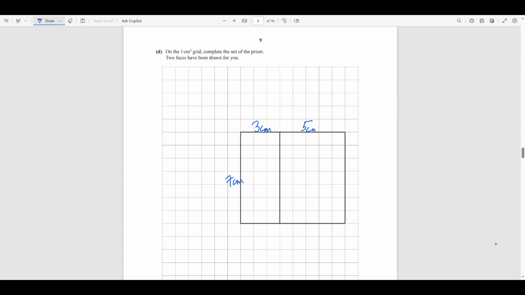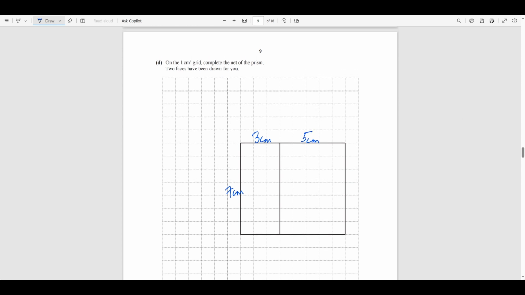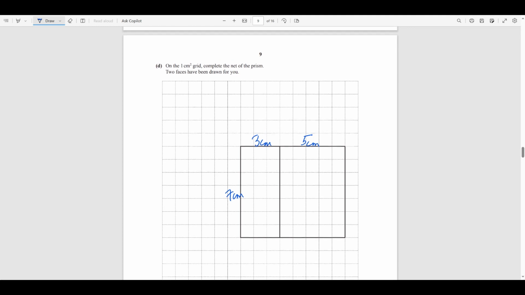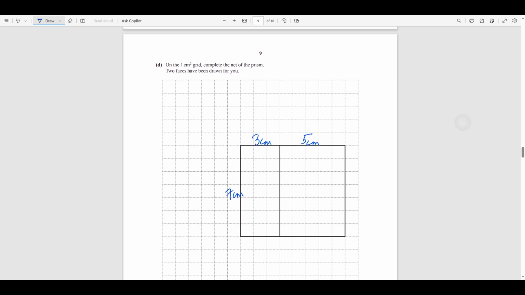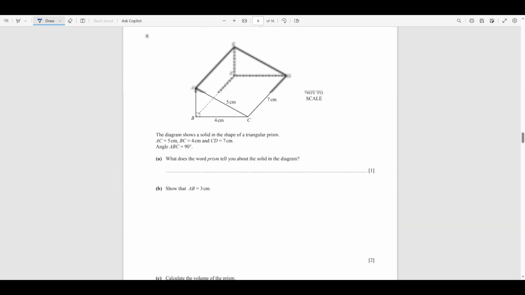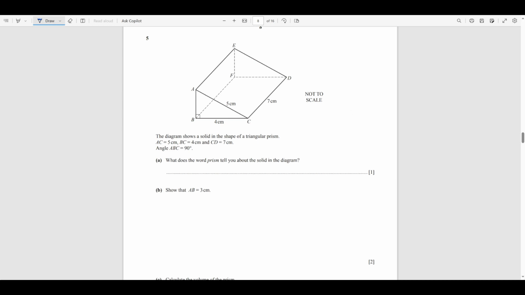So let's take a look at what faces have been drawn. So one rectangle is 3 by 7 and the other rectangle is 5 by 7. The first rectangle was 3 by 7. So 3 by 7, AB was 3, right? And then this is 7. So DC is 7, so BF is also going to be 7. So when they're talking about 3 by 7, they're talking about the rectangle ABFE.